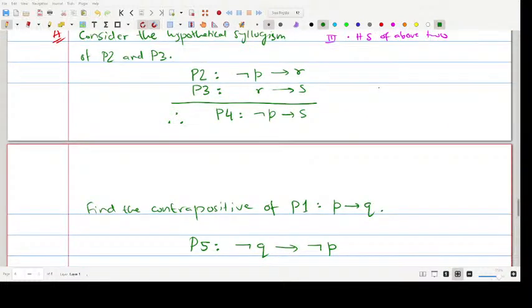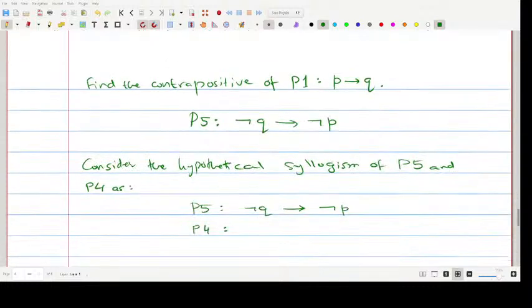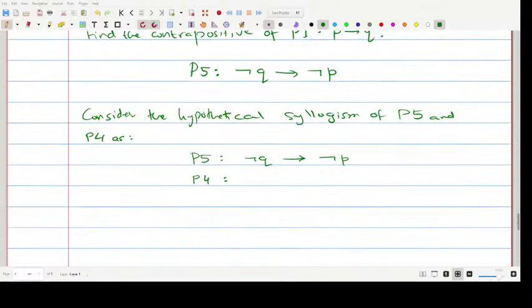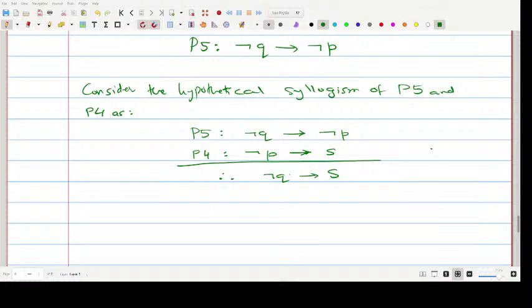It says that negation of P implies S. And we are using hypothetical syllogism, so we will write the conclusion as negation of Q implies S. Okay, so that's what our proof was about, right?